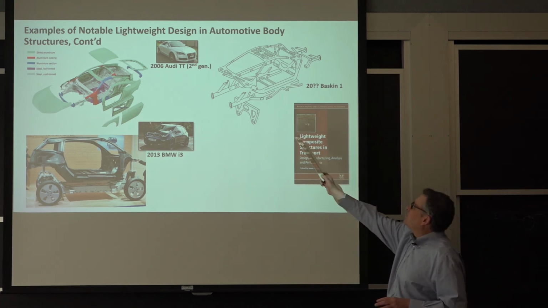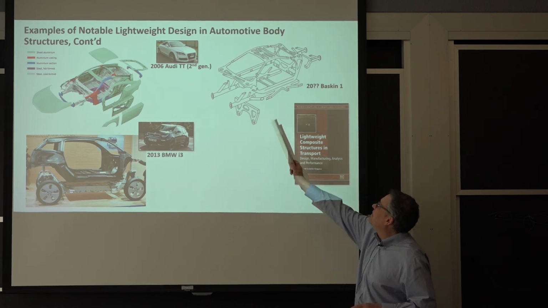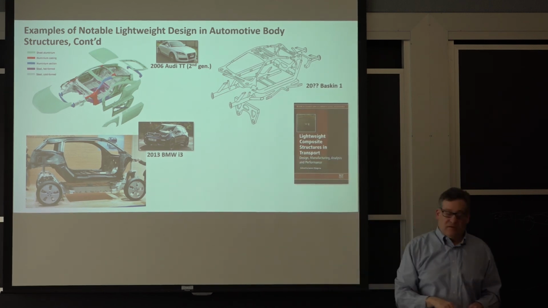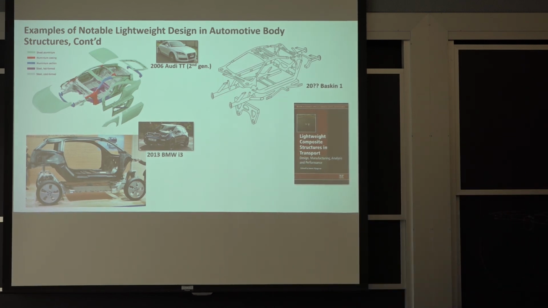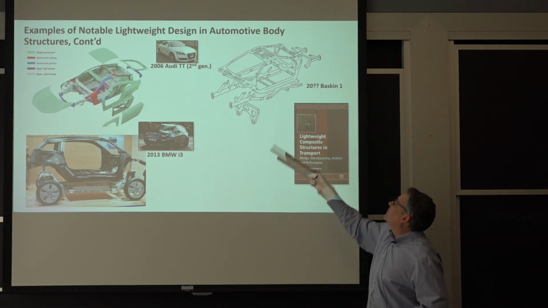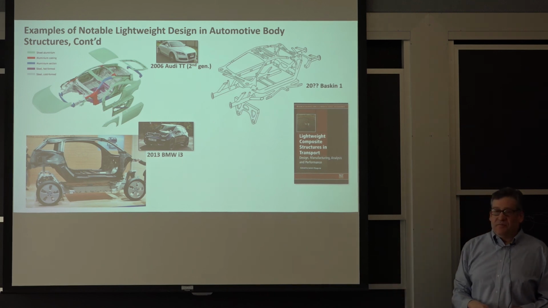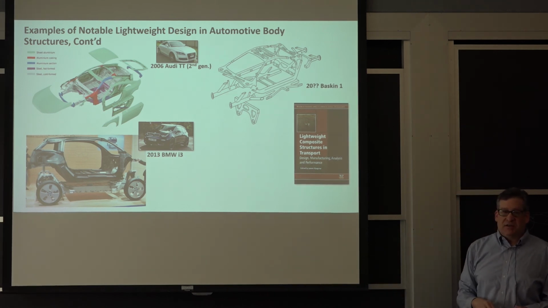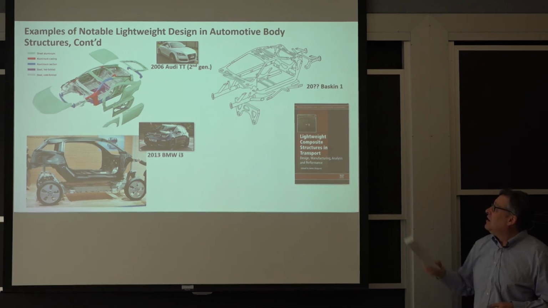So my idea, I actually published this in this book right here, was to come up with this structure right here, where the load paths are much more clearly defined. The tops of the shock towers become the cowl, or the area underneath the windshield, and then the rear shelf becomes the structure that supports the rear shock towers. All those get integrated rather than having these dislocated load paths.